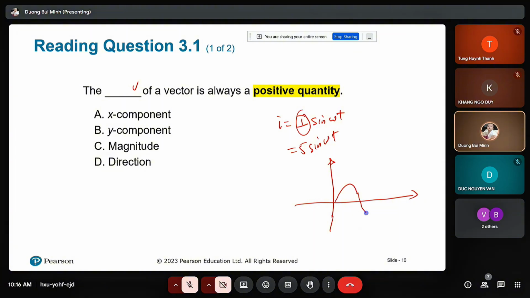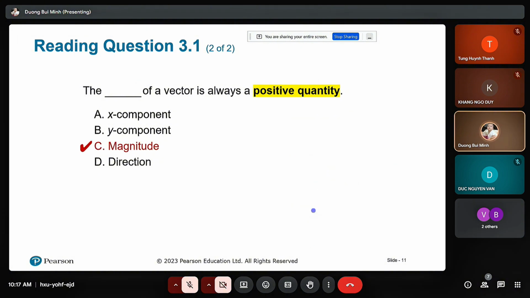Yeah, like this. Okay, so this one is 5 m/s, and this one is minus 5 m/s. So the answer is magnitude, of course, because magnitude is always positive.